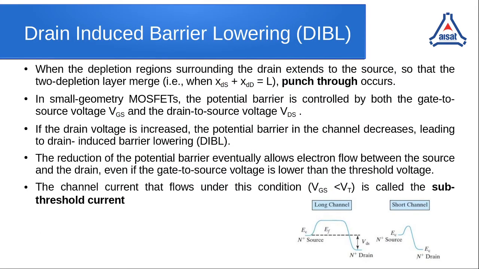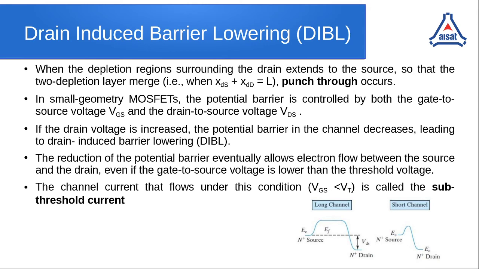The next effect is the drain induced barrier lowering. When the depletion region surrounding the drain at the drain end extends towards the source, and the two depletion layers merge, which means XDS plus XDD.